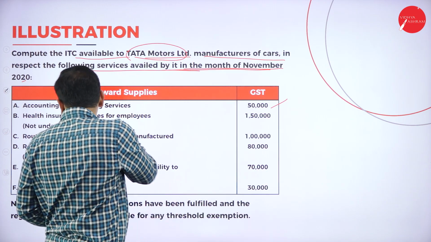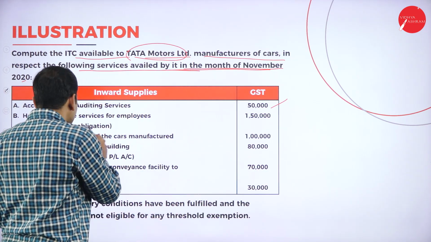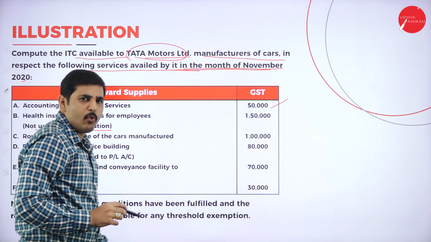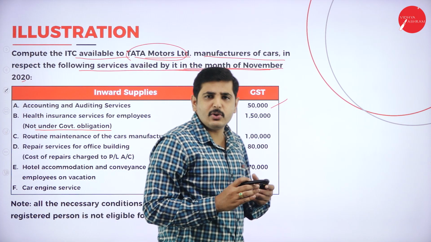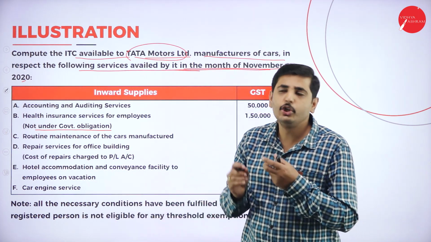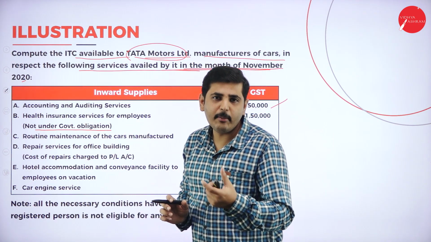Next one, health and insurance service. Health and insurance service to the employees, but not under government obligation. What do you mean by government obligation? There is no rule or regulation to provide the insurance service for the employees.